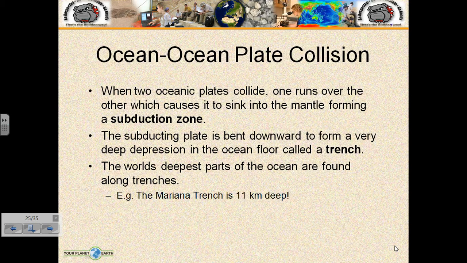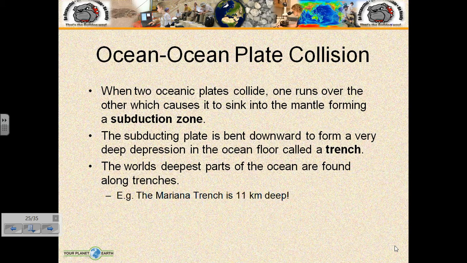Finally, we have oceanic to oceanic plate collision. When two oceanic plates collide, one runs over the other, which causes it to sink into the mantle, forming a subduction zone. The subducting plate is bent downward to form a very deep depression in the ocean floor called a trench. The world's deepest parts of the ocean are found along trenches.